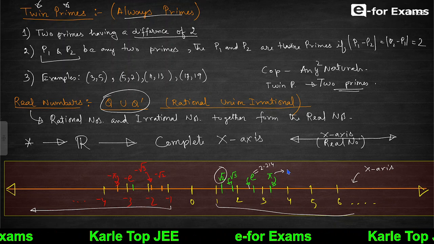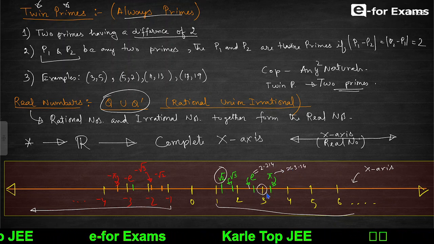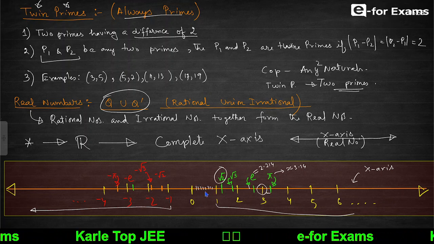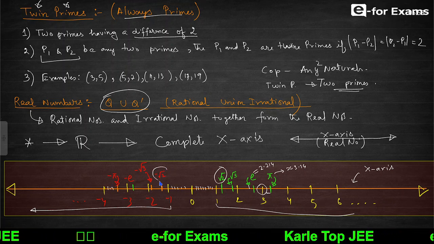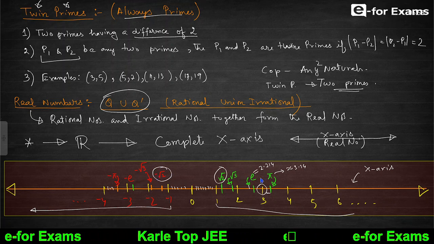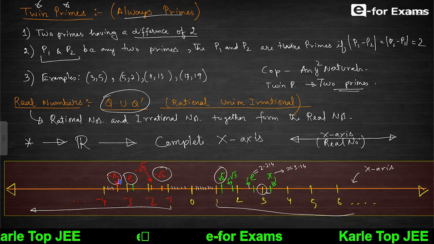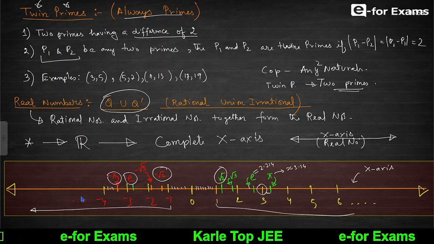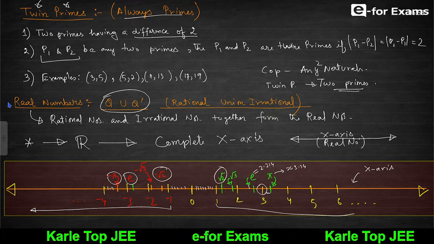Pi approximate value 3.14. Here 3 is here, and in between 3 and 4 we have pi, and there are infinite numbers between any two real numbers. Here in negative side also minus root 2, minus root 3. Here root 2, root 3, e, pi. Here minus root 2, minus root 3, minus e, minus pi. So real numbers. For today, let's end here. We'll continue from real number in the next class.